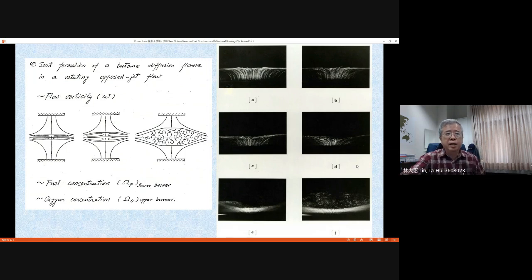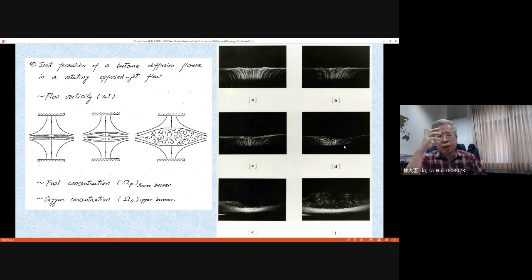Okay, and in this case, you can see we start to have some recirculation. But actually this recirculation should be symmetric on both sides, as we plotted in the left-hand figures. But here you cannot see the circulation on the right-hand side, right? This is due to an experimental problem.